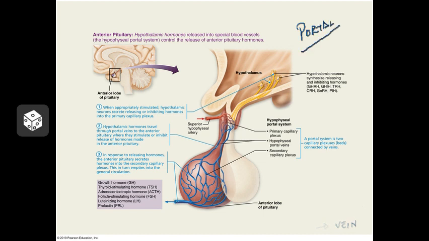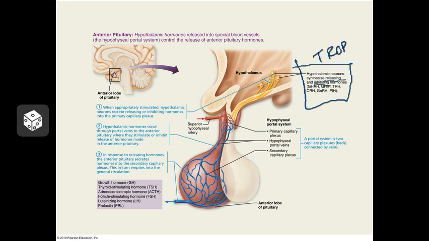So again, back to the hypothalamus, we have nuclei of specific structures, specific neurons, specific cell bodies that secrete specific regulating hormones. Okay? These regulating hormones can trigger the release of something or the inhibition of something. These regulating hormones are tropic because they will affect the endocrine cells that are found in the anterior pituitary.